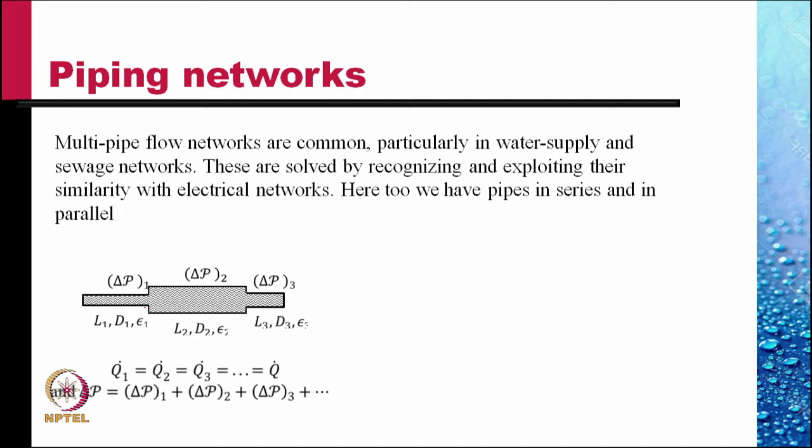Just like in the electrical networks, we have here for this series network of pipe, the volume flow rate through one should be same as volume flow rate through the second and should be equal to volume flow rate through third and so on.